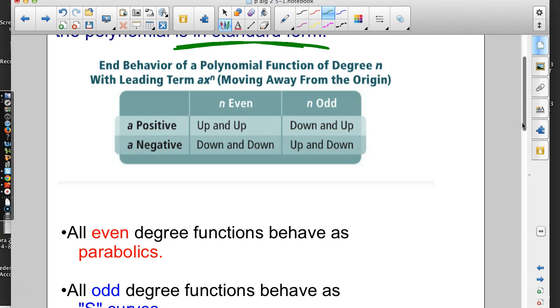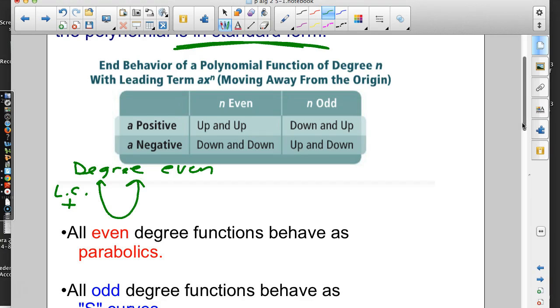And I already went over this with you on Friday, but I'm going to remind you of it. And that is, if the degree is even and we have a leading coefficient that's positive, those are always going to look like big parabolas. If you make your window big enough, they're going to look like big parabolas.